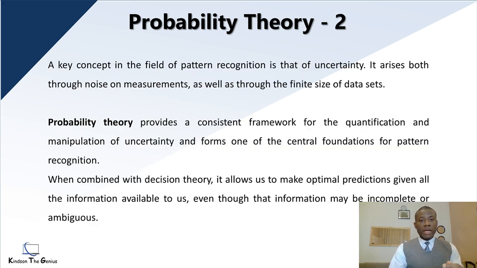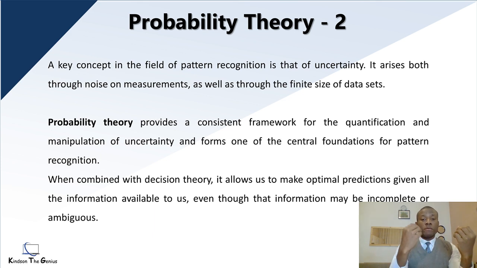So we have that a key concept in pattern recognition is that of uncertainty. This is because noise through measurement arises as well as through the finite size of data sets. So what it means is we are not able to gather all the data from the population. We simply take a finite sample, meaning that it is not enough. So that creates some uncertainty. We are not sure of what the whole population is all about.